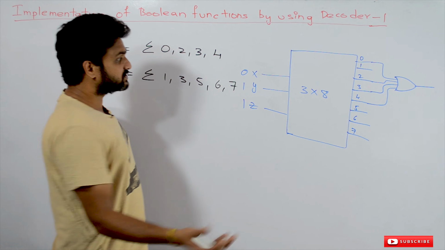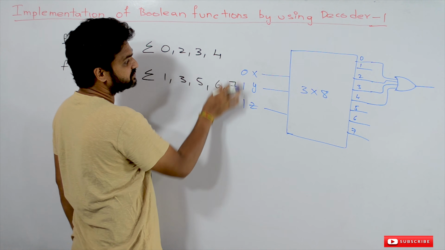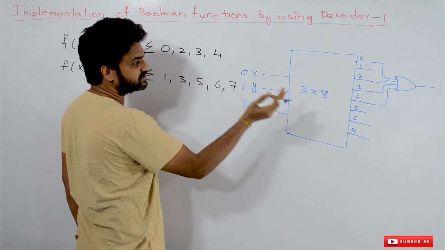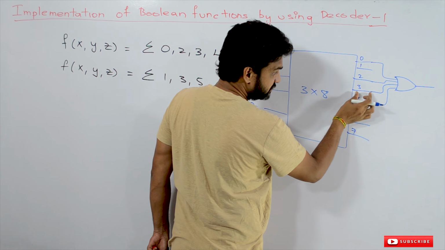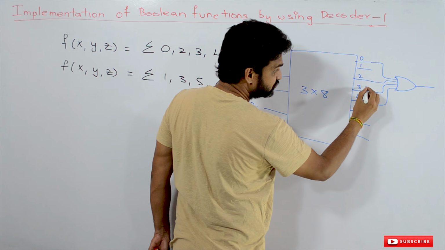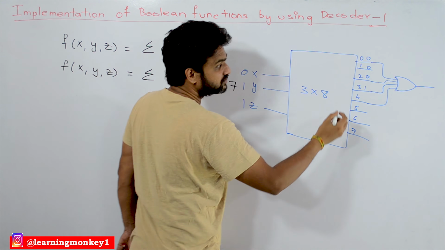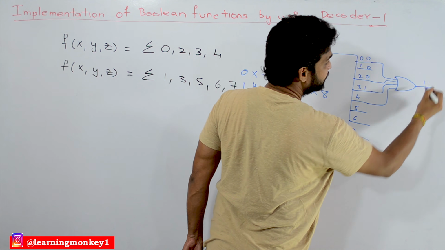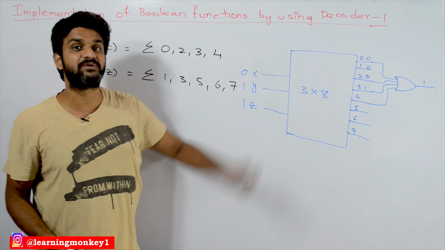Whenever we give an input corresponding to a minterm, here 0, 1, 1 which is 3, the line with 3 will get activated. So this is going to be 1 and all the other outputs are going to be zeros. The output generated by this OR gate is going to be 1, so the function is getting implemented.